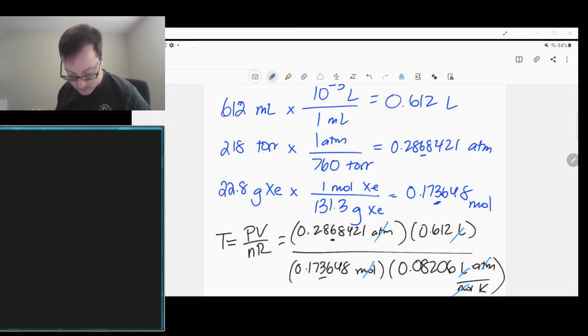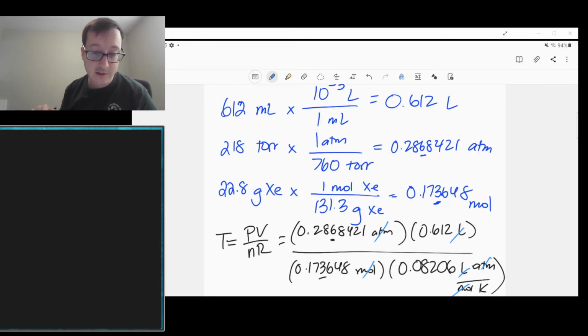So let's go ahead and plug this in. 0.2868421 times 0.612. Notice I just have a crazy extra amount of information without rounding just to make sure that we avoid any rounding errors. Divided by 0.173648.